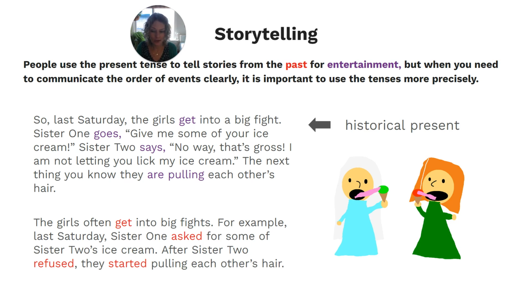After Sister 2 refused, they started pulling each other's hair. So I did use present tense to talk about a habit. They often get into big fights. But then when I started to talk about what actually happened in the past, I used the past tense. And that's the more academically correct way of telling a story from the past.